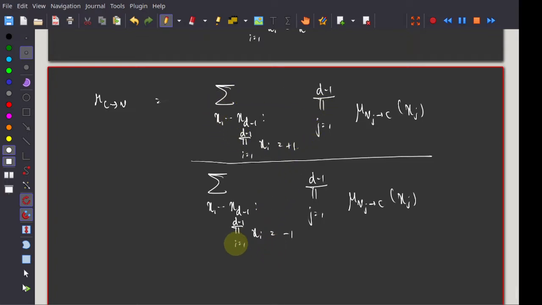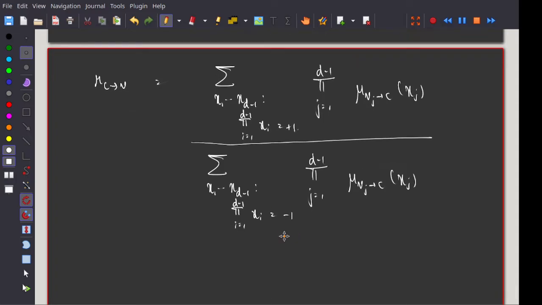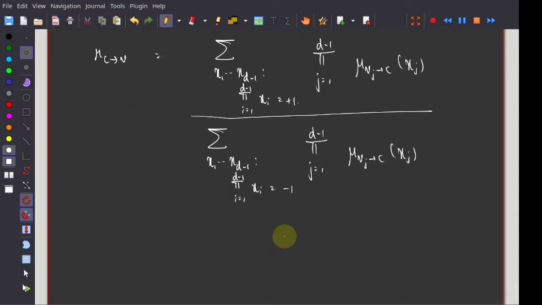Both the numerator and the denominator look very, very similar. The only difference is that in the numerator, you're summing over all configurations for which the product of all the x_i's is equal to plus 1, whereas in the denominator, you're summing over all possible configurations for which the product of the x_i's is equal to minus 1.